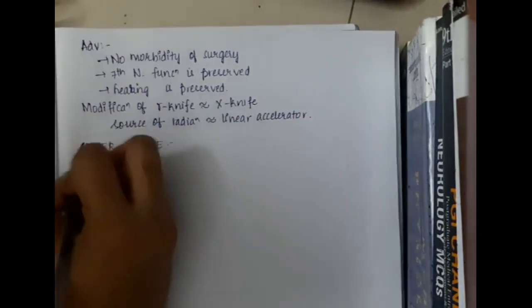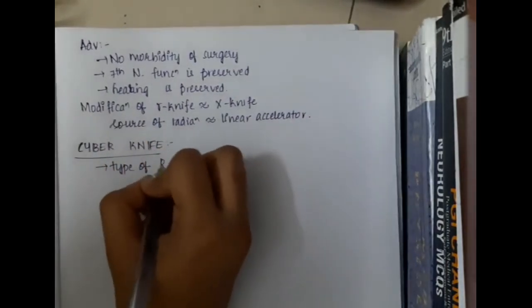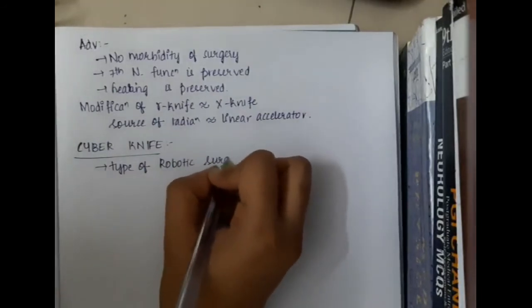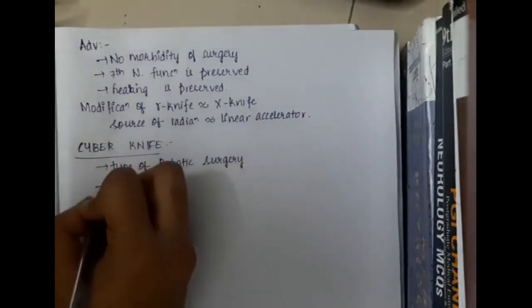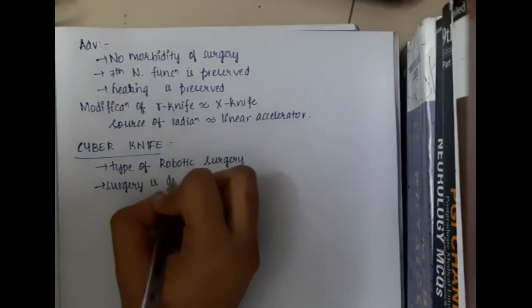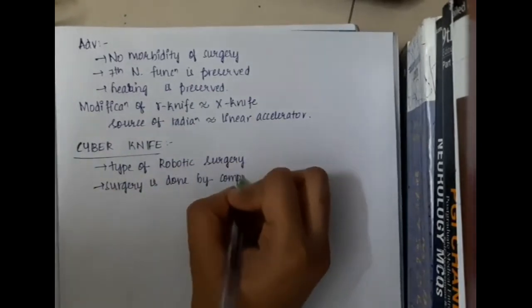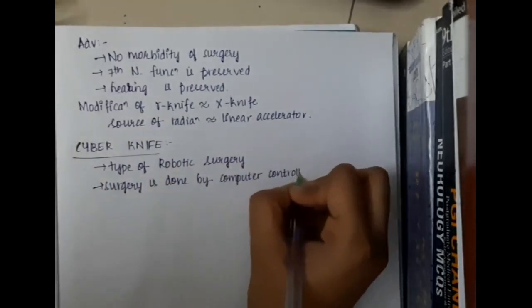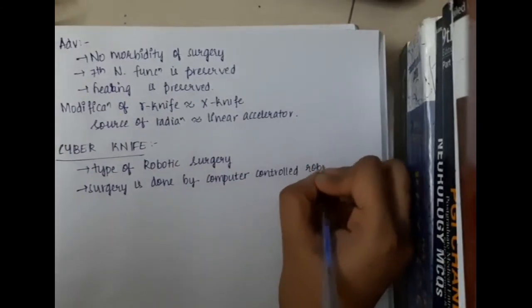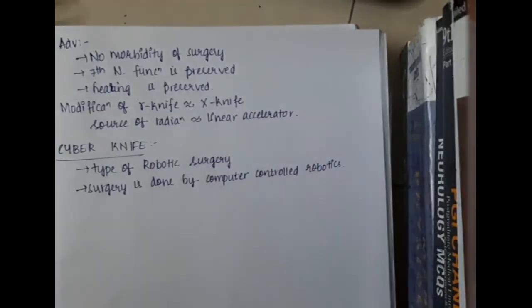Cyber knife can also be used. This cyber knife is a type of robotic surgery, done by computer controlled robotics. So, this is about acoustic neuroma. Thank you for watching.